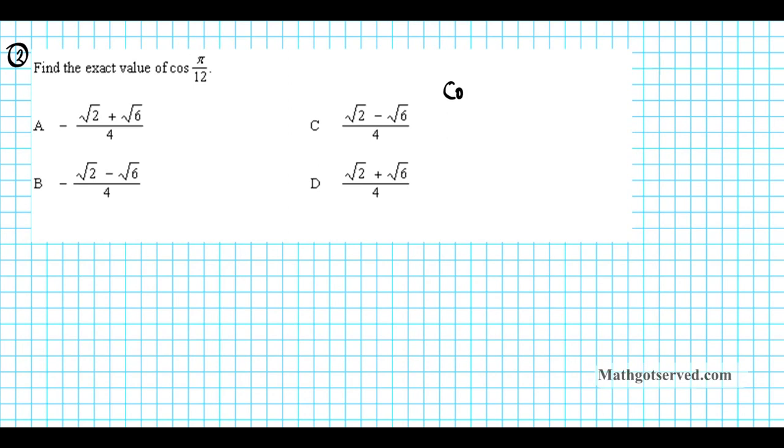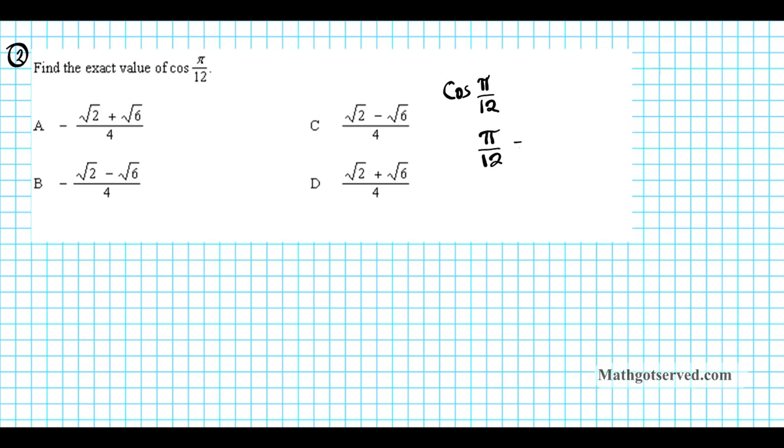Cosine pi over 12. Now cosine pi over 12 is an uncommon angle, in the sense that this is an angle that does not show up on your unit circle. So can I express this as a sum or difference of two common angles? All right, so let's work with pi over 12.